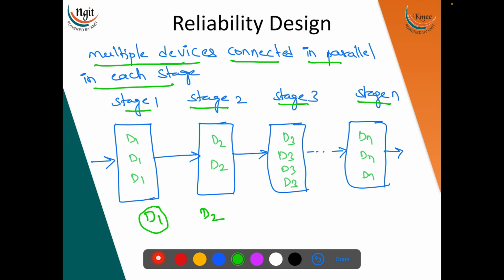That is the reason we have multiple devices. Now, in stage 1, instead of taking one device, I am taking other devices as well. These are the other devices required in stage D2, stage D3, and stage Dn. So, to improve reliability, we should have multiple copies of the devices.